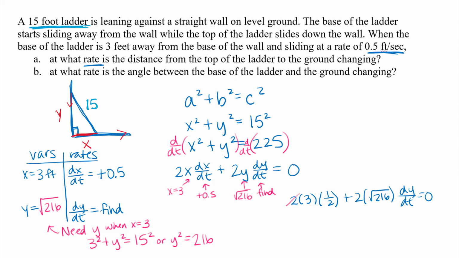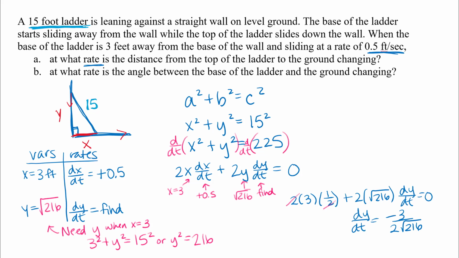So let's see, I might notice that these 2's cancel, and then if I subtract 3 and divide through by 2 times square root of 216, I should be able to get my answer. All right, so I'll have dy/dt equals negative 3 over 2 times square root of 216.